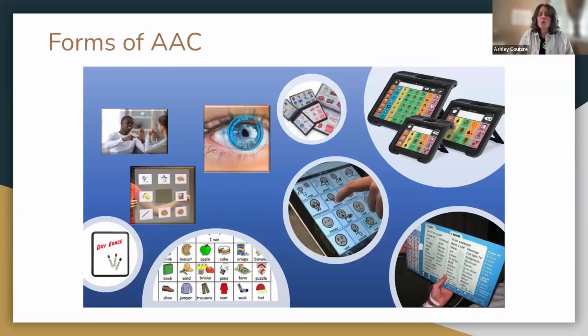So I just want to create a shared understanding of what all is in my mind when I say AAC.